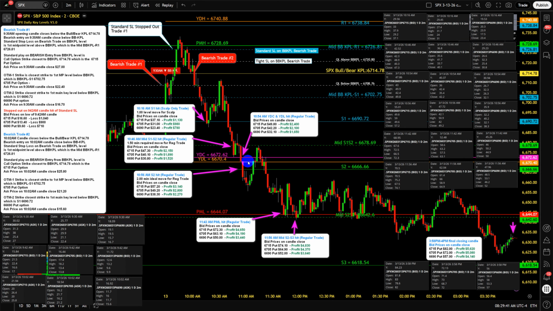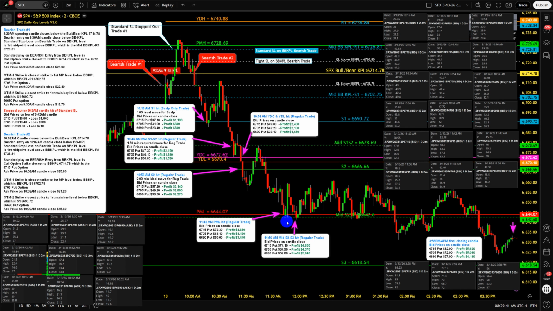Depending on how many runners you have left, you would exit some at each level move in your favor, and continue to adjust the stop loss further on any remaining runners until, when price has moved far enough in your favor to an important key level, you can exit all the remaining runners.